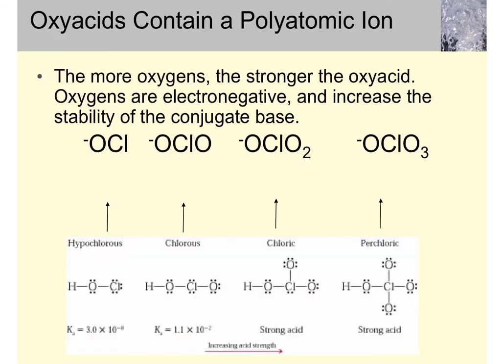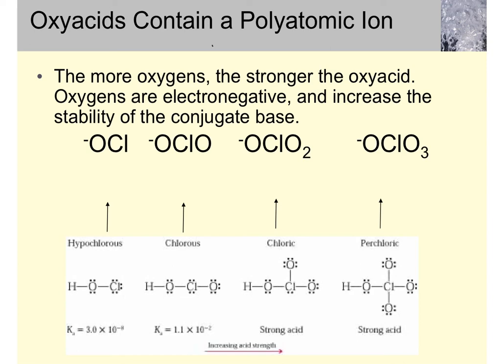All right, so now we're going to move on to ternary acids, those acids that contain a polyatomic ion. So basically what you have to think of for the acidity of ternary acids is, I think almost always, I can't think of an exception, whatever stabilizes the conjugate base.